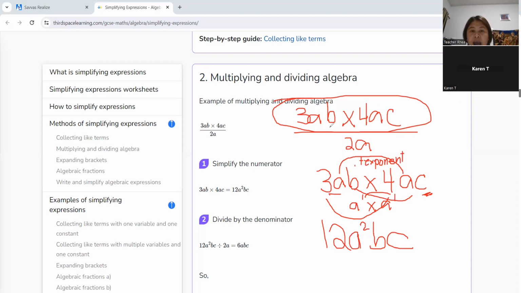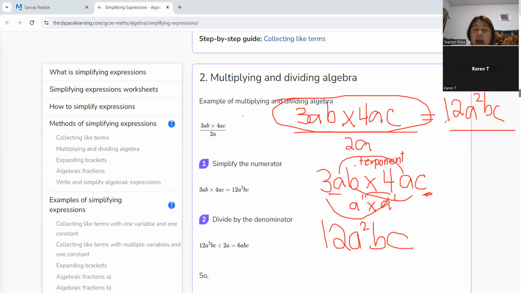So 3ab times 4ac is equal to 12a squared bc.